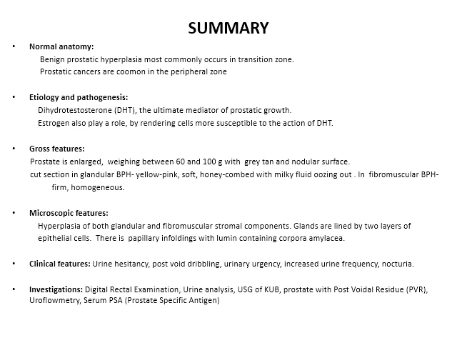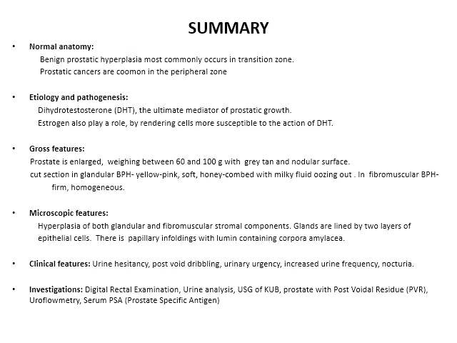The cut section in glandular BPH is yellow pink, soft, honeycombed with milky fluid oozing out, whereas in fibromuscular BPH, it will be firm and homogeneous in appearance. Microscopic features, we saw that there will be hyperplasia of both glandular as well as fibromuscular stromal components. The glands are lined by 2 layers of epithelial cells, and there will be papillary infoldings with the lumen containing corpora amylacea.